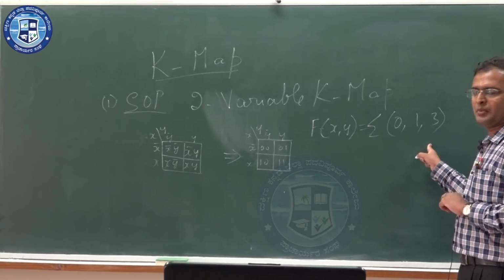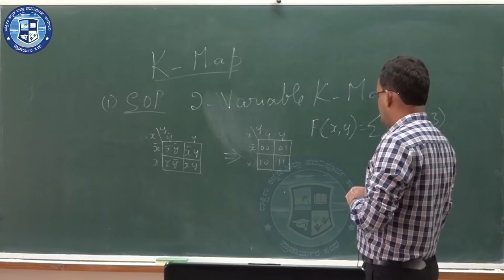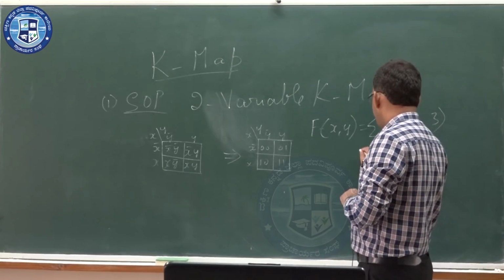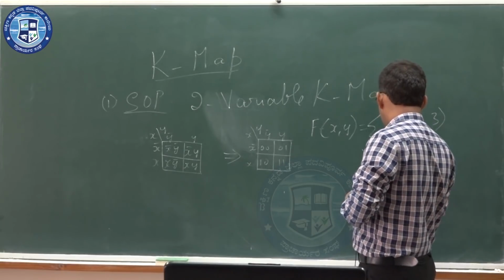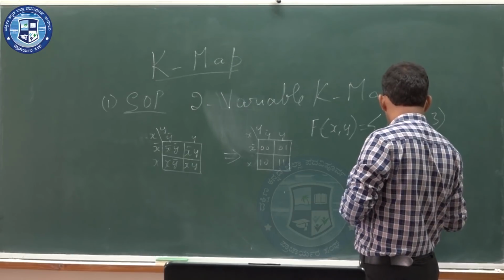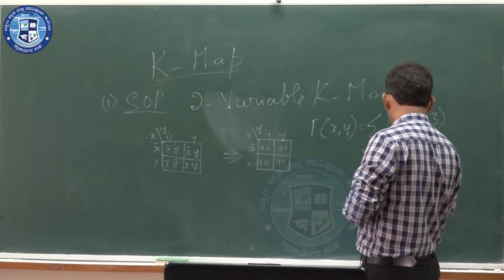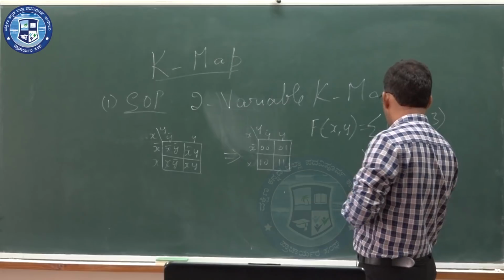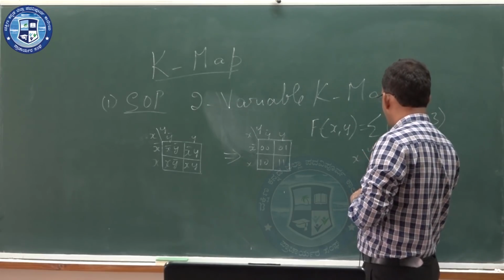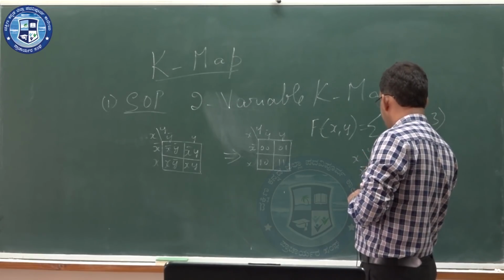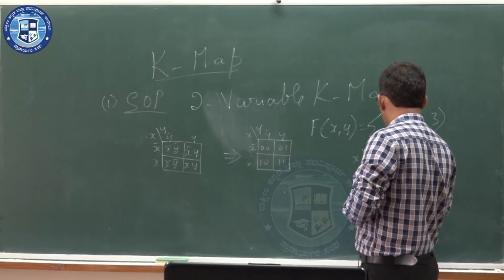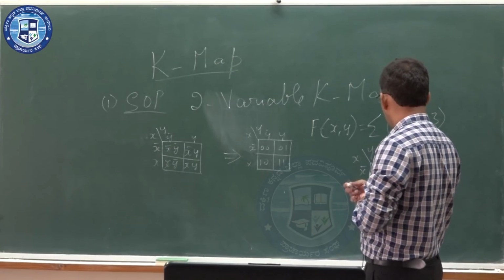This is an example I am taking. So, to draw the K-map, first I will see the number of variables, that is 2, fine. So, I will write here x, I will write here y, x bar, x, y bar, y.